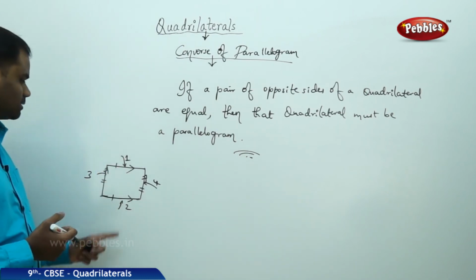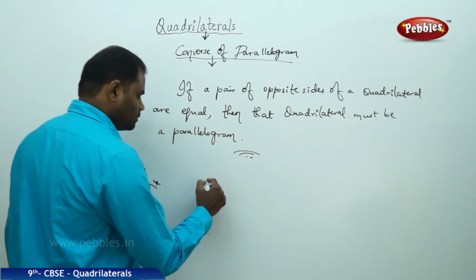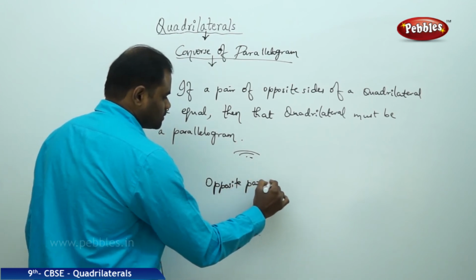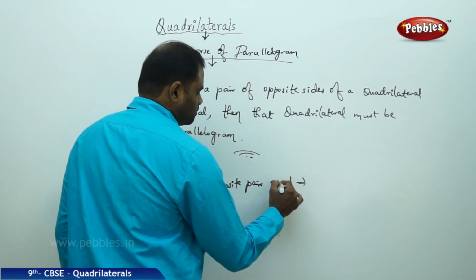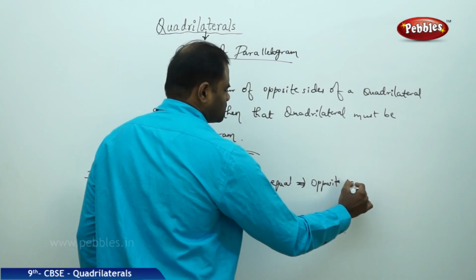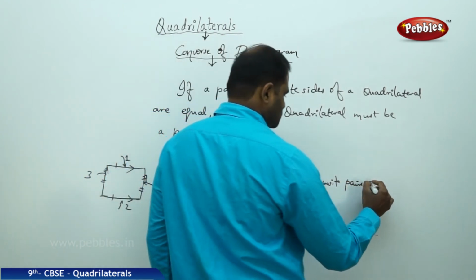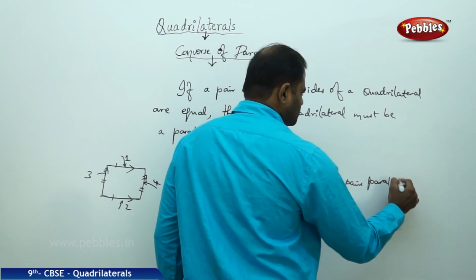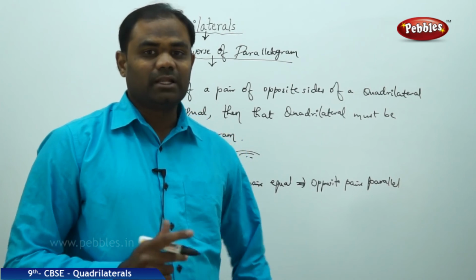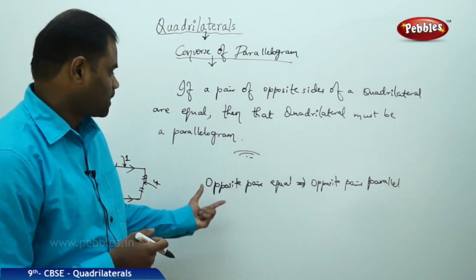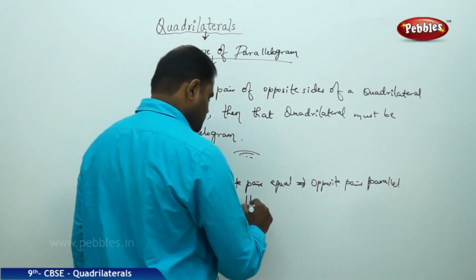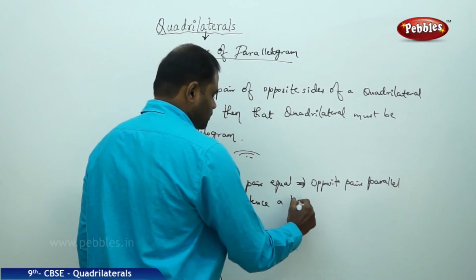Therefore, in this case, opposite pairs equal implies opposite pairs parallel. So equality implies parallelity and parallelity implies equality. So opposite pairs equal implies opposite pairs parallel, hence a parallelogram.